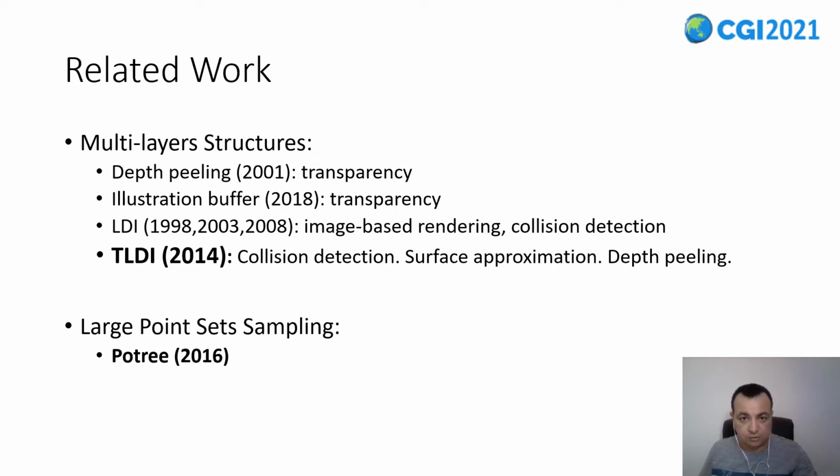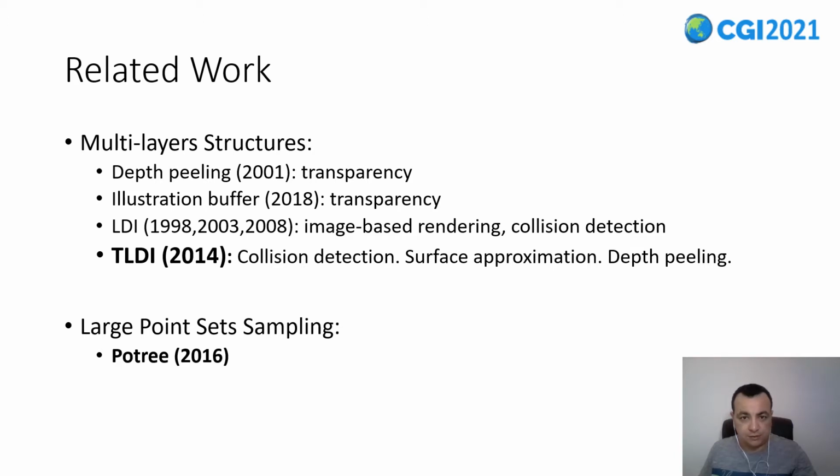One such structure in particular is the TLDI, or the thickened layered depth images, which was used in collision detection, and the DDS is actually built on the same theoretical definitions of the TLDI, and both of them approximate the underlying surface of the point set. But unlike the DDS, the TLDI extracts the depth layers one by one and projects the whole dataset every time.